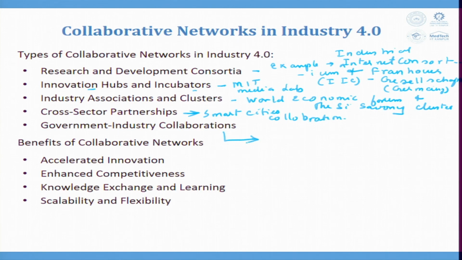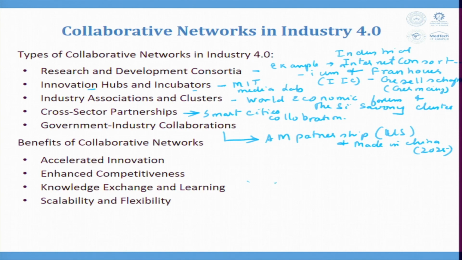And when we talk about government-industry collaboration, it is going to be the Advanced Manufacturing Partnership, which is in the US, and the other thing the Chinese government has taken is the Made in China 2025 initiative, like Make in India. China has also done it. So, these are some of the types of collaborative networks in Industry 4.0.